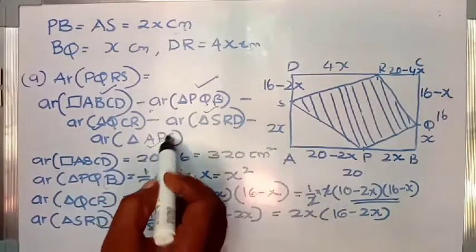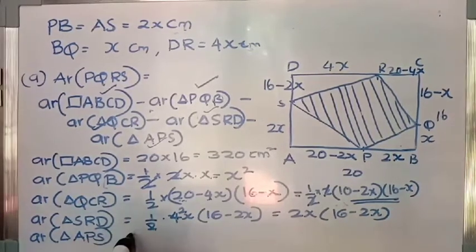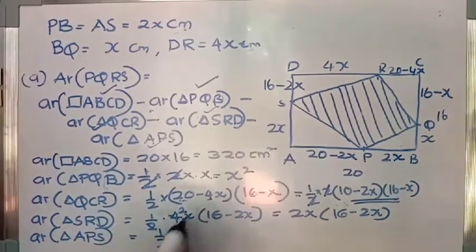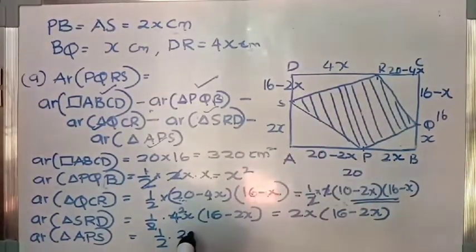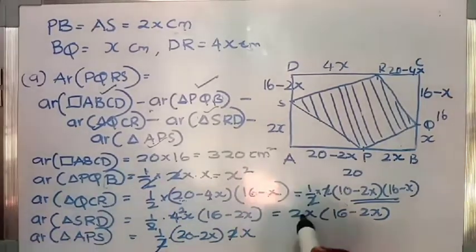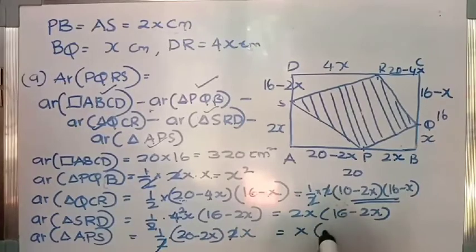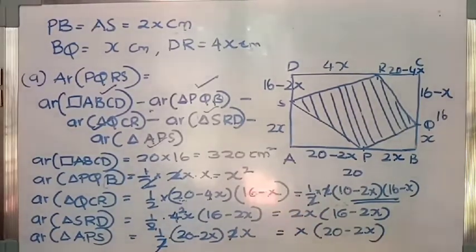And the last one is area of triangle APS. It is half into 2x into 20 minus 2x. x and x get cancelled. So we get remaining as x into 20 minus 2x. So we got all the required areas.